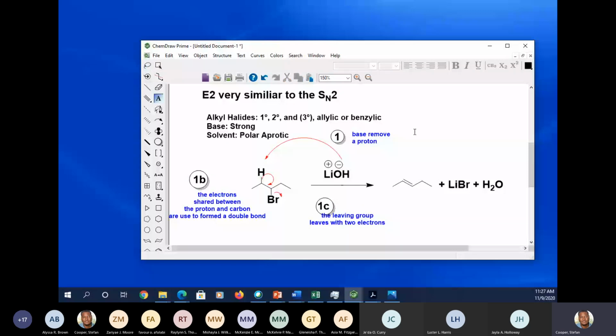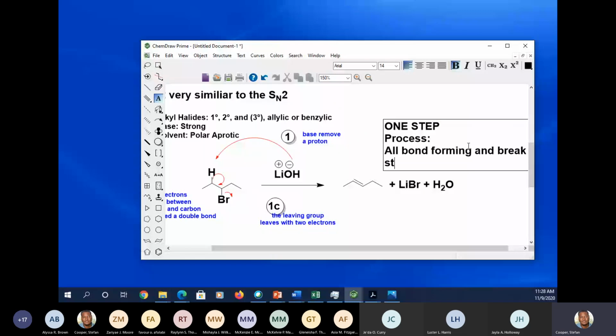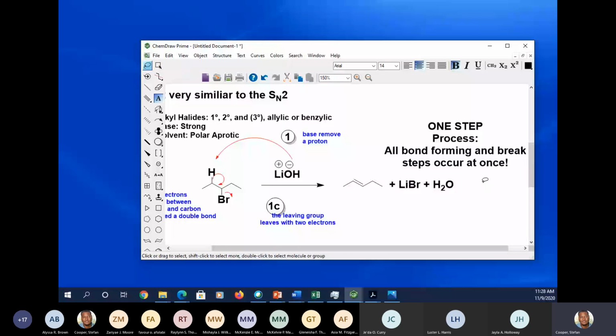So this is a 1-step process. All bond forming and breaking steps occur. That's very important to keep in mind, that this is all one step.